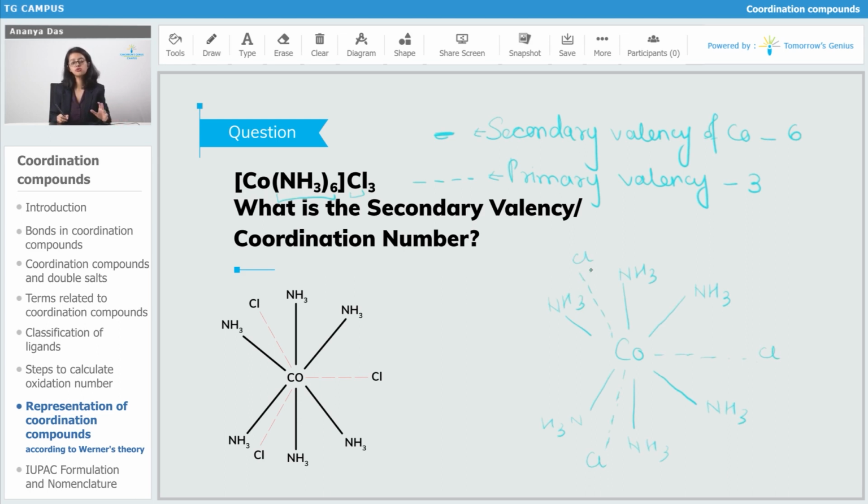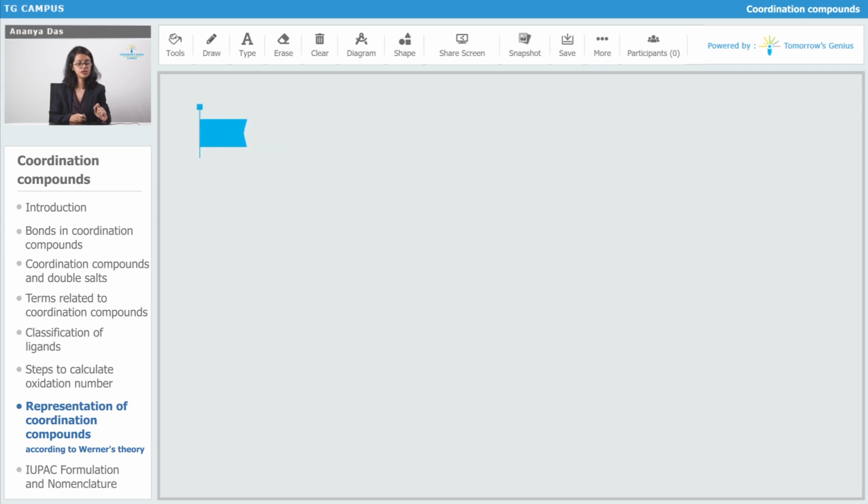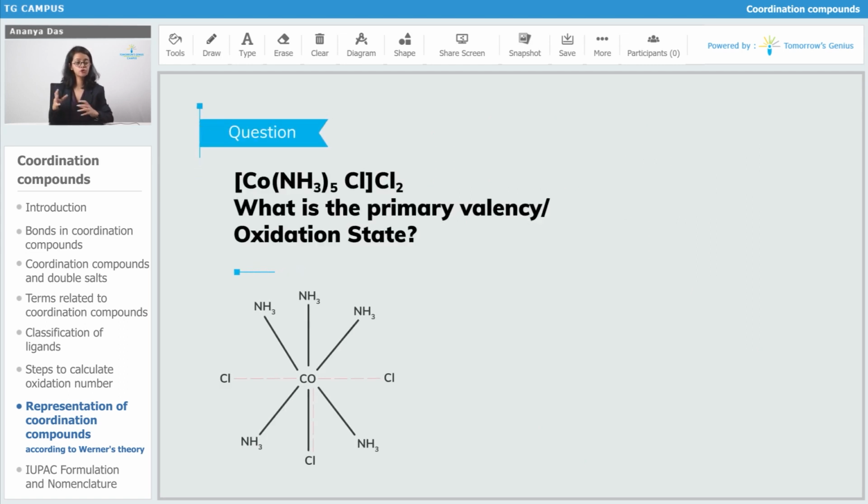Now let's move on to a next similar complex and see if its representation changes or not. In this complex we have 2 chlorines outside, 1 chlorine inside, and 1 ammonia less. Now let's see how we got the structure written on the left hand bottom corner. First of all, again you have to find the primary valency or the oxidation state. Take cobalt as X plus 5 into NH3 plus Cl plus 2 into Cl.